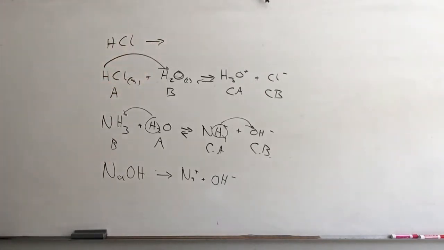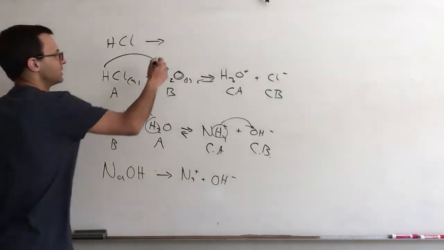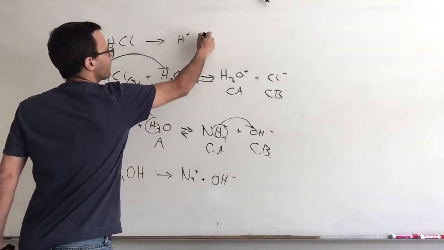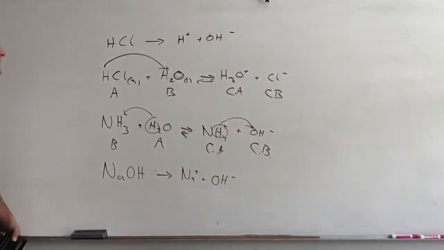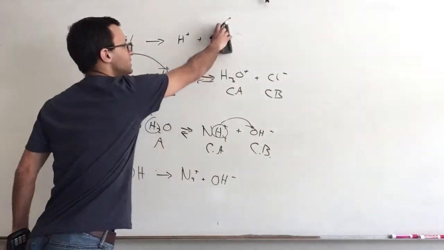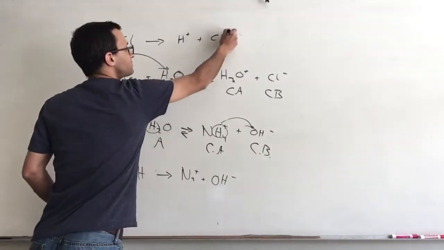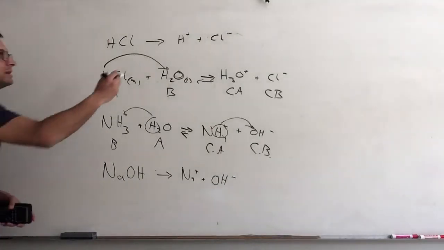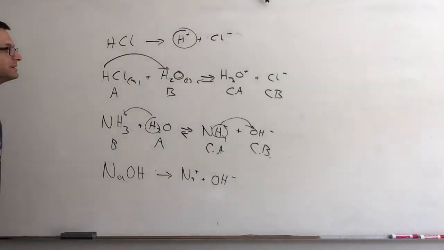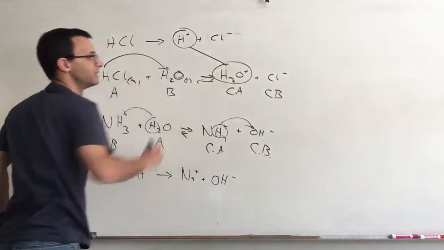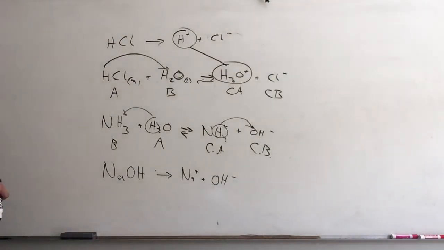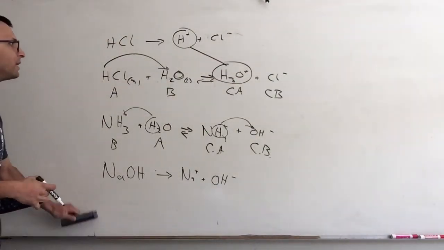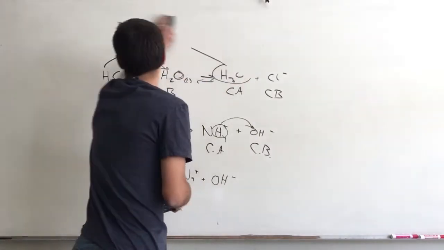You can write the dissociation of hydrochloric acid without the water this way. And as we discussed, the hydrogen ion is the equivalent of the hydronium ion. They're really the same thing. Okay, so that's dissociations.